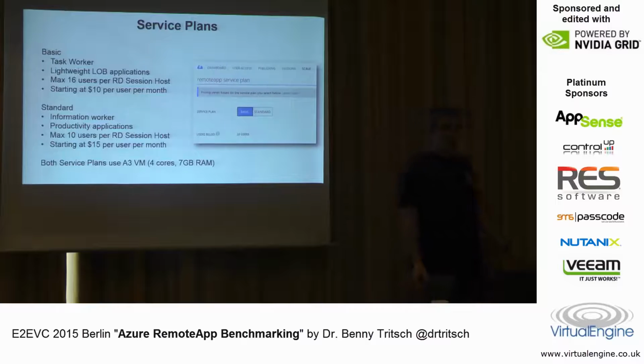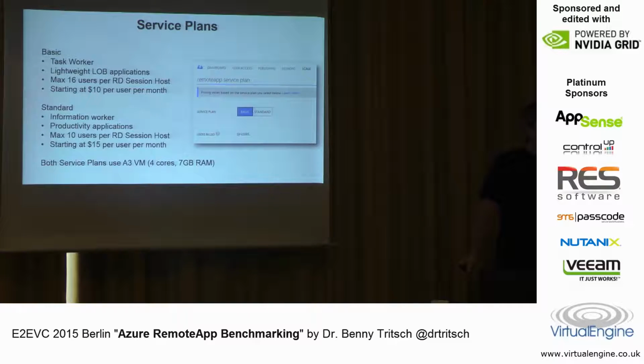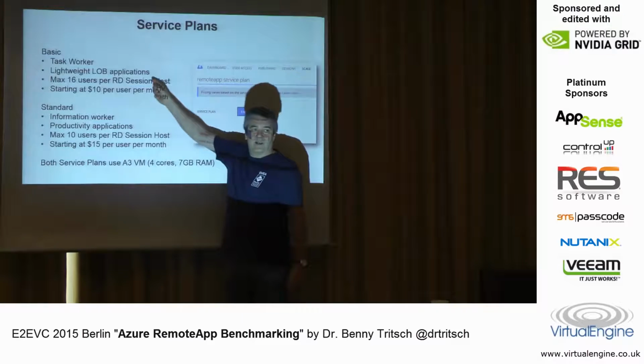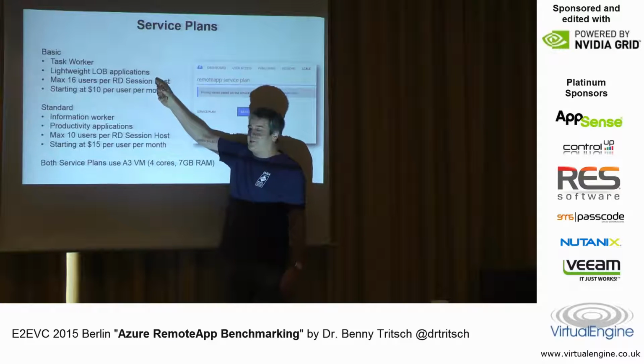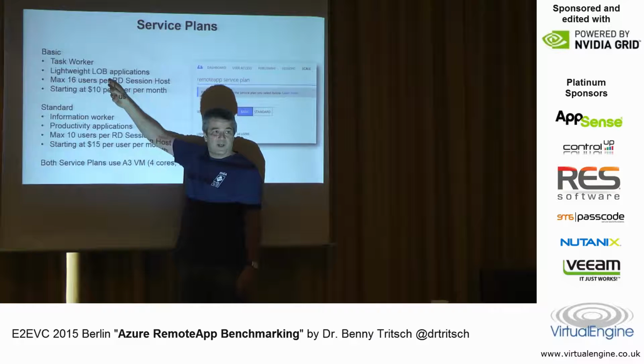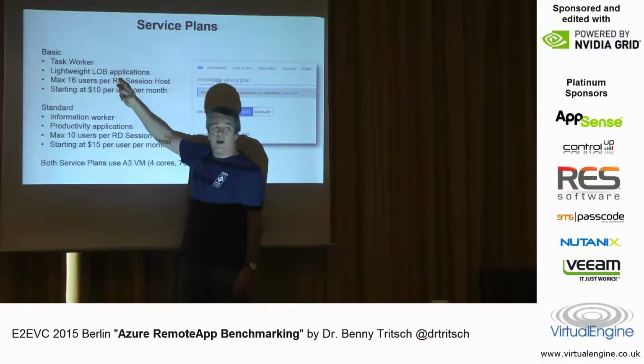So is there load balancing included? No. It's a very simple algorithm that Microsoft uses. We spin up a VM, and then we allow users to log on to this VM. When this VM, like it's a basic plan VM, as soon as user number 16 logs on, he's going to be the last user who can use this particular VM.